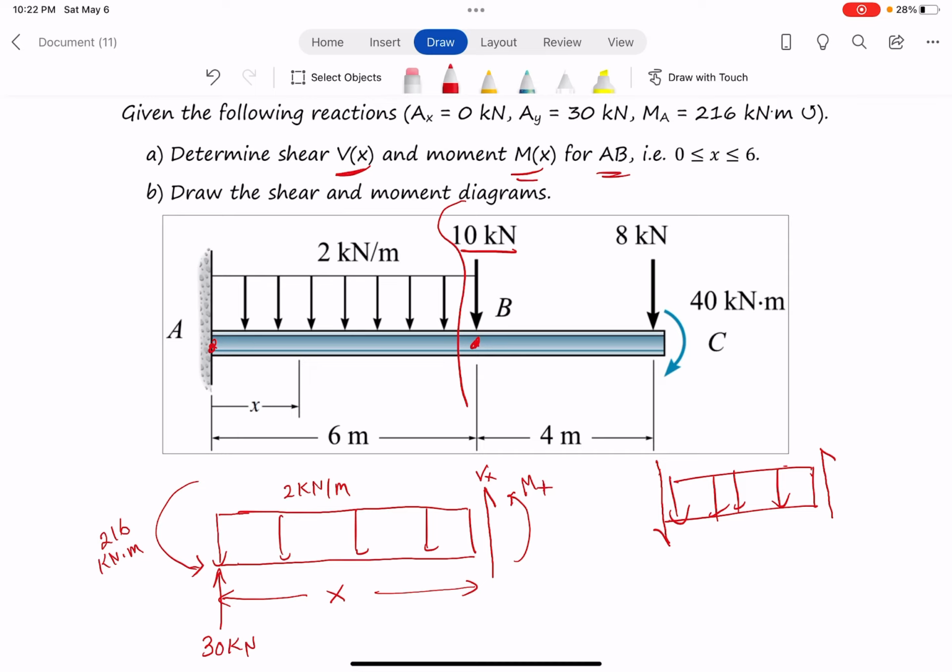These 2 shears will create a moment counterclockwise of this load. So this is a negative shear. If the shear is creating a counterclockwise moment, it's a negative shear. If it's creating a clockwise moment, then it is positive shear.